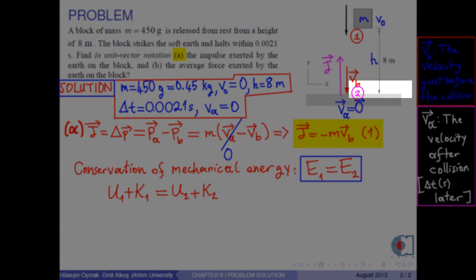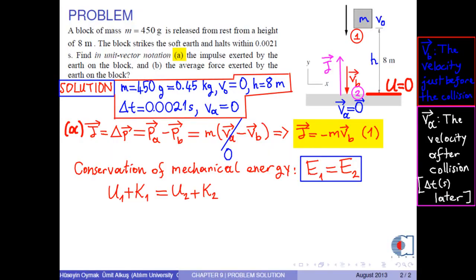If we choose the bottom level as the zero gravitational potential energy level, we obtain at position 1 m times g times h for the potential energy of the block. The initial kinetic energy at position 1 is 1 over 2 times m times v0 squared, and since the initial velocity is 0, we obtain 0 initial kinetic energy.